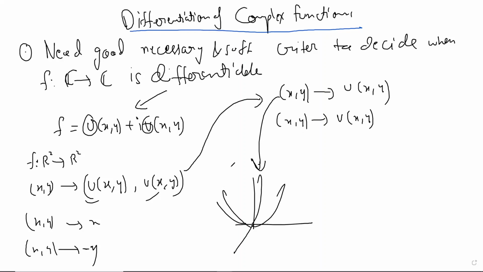You want the derivative at a point to capture the slope of the tangent plane, right? This is in strict analogy with real differentiation. We want to calculate the slope of the tangent plane at some point, x naught comma y naught.